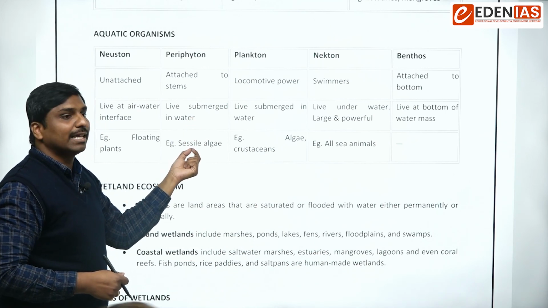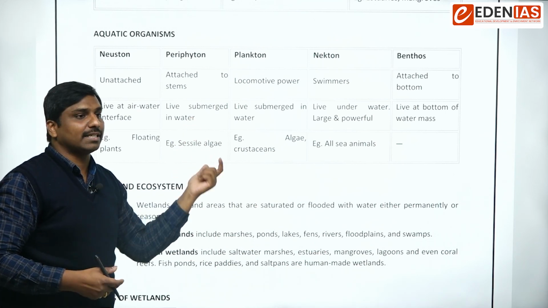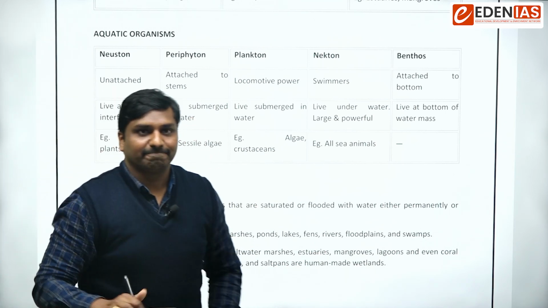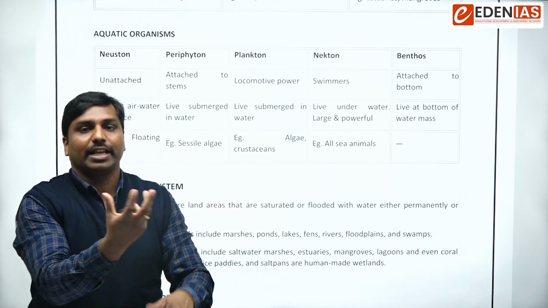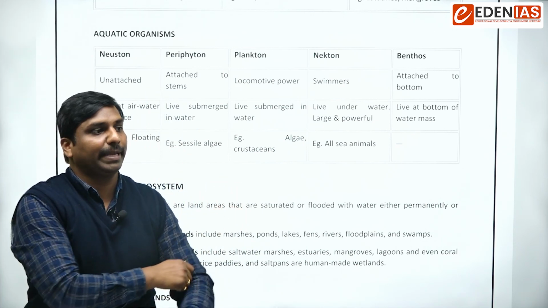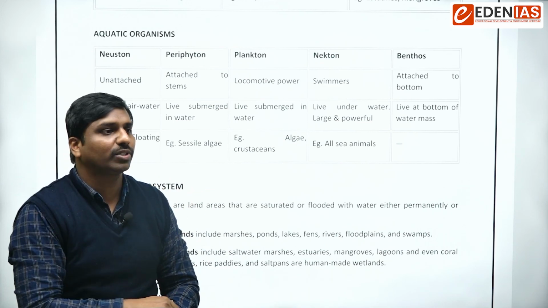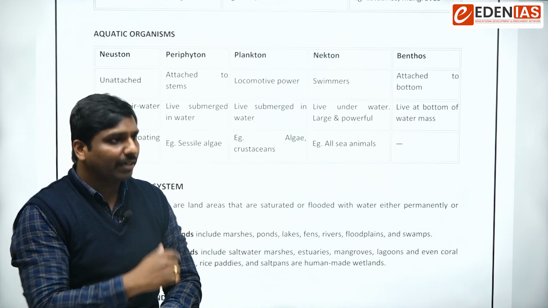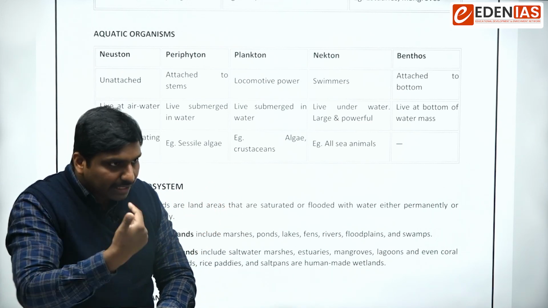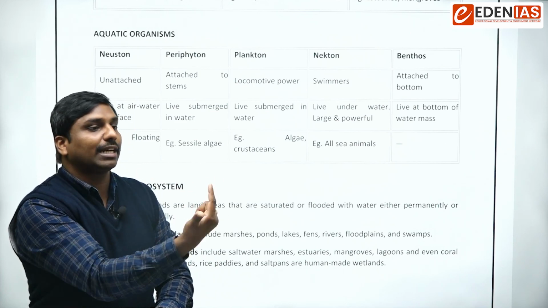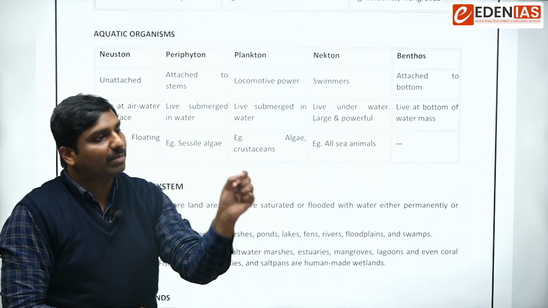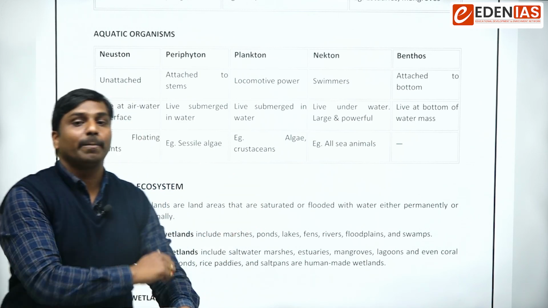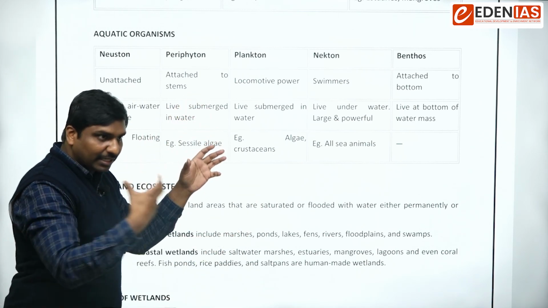An example is sessile algae. Peri means around, like perimeter. Perimeter is the area around a particular thing. Wherever you get the word peri, it means around. So periphery, around things.